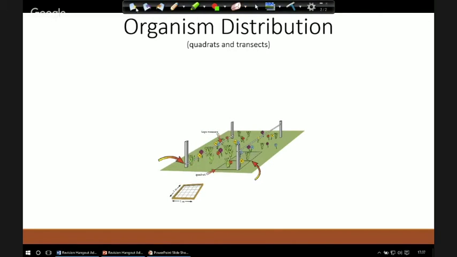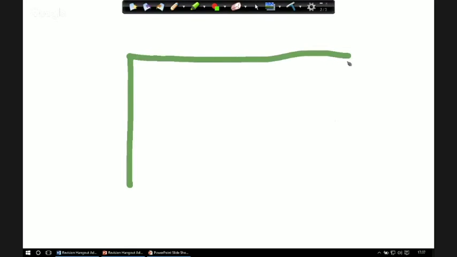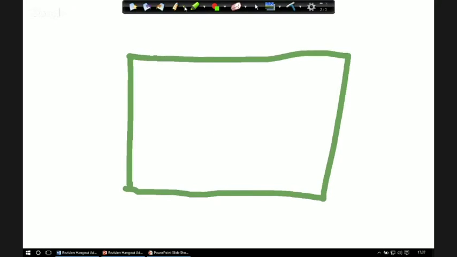So if I had myself my plot that looked like so, I might draw my transect line running down, and every 2 meters I'd place my quadrat and I would count what things are in.